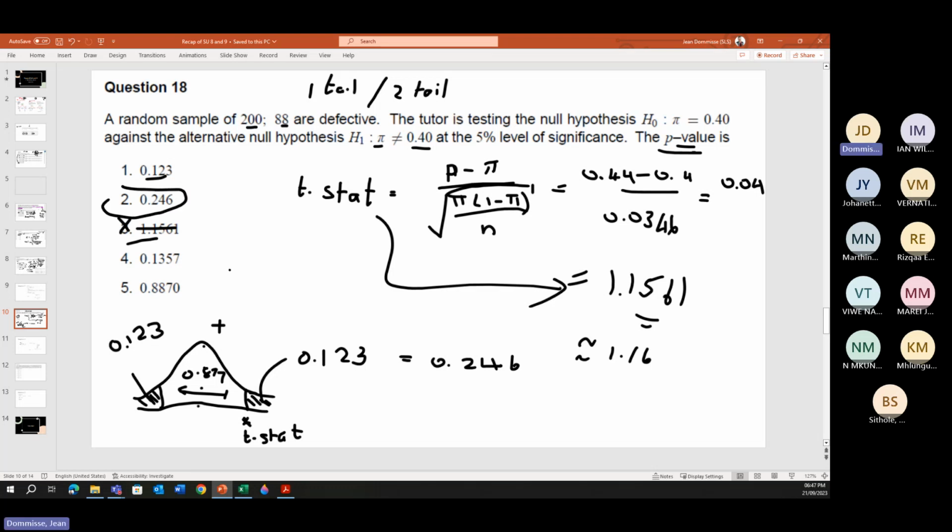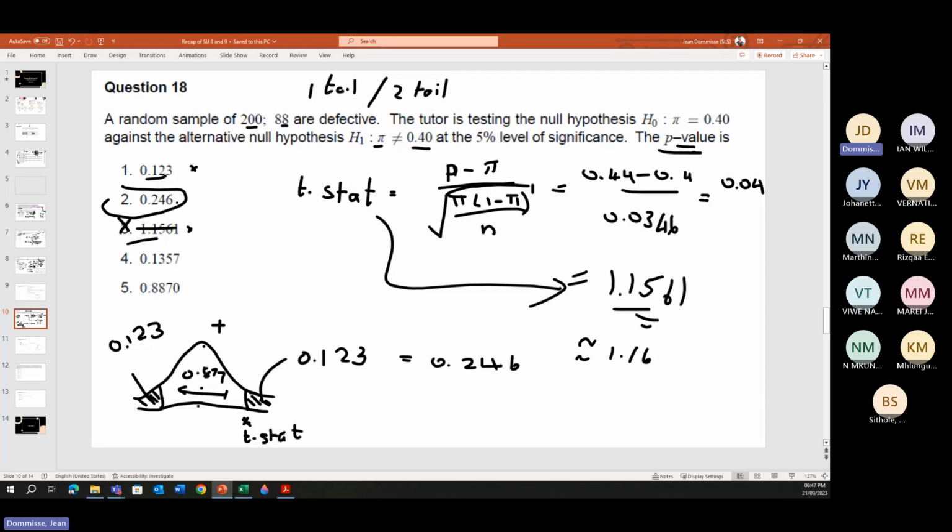So unfortunately, if you only stopped at the t-test, there's the answer. If you stopped at the one tail, there's the answer. And then there's the correct answer for the two tail as well.